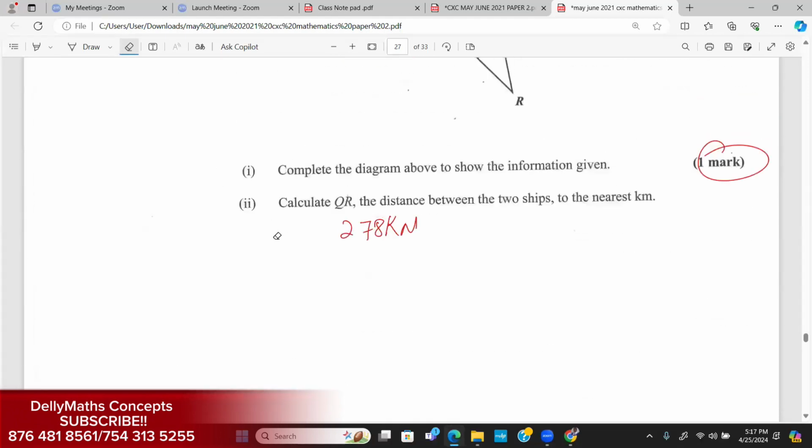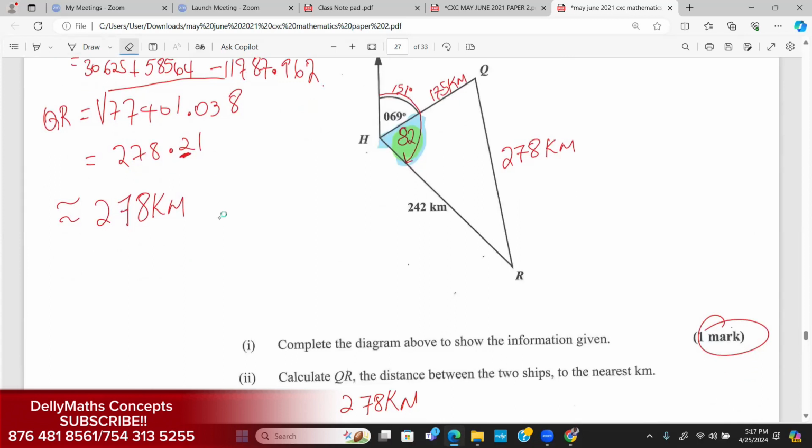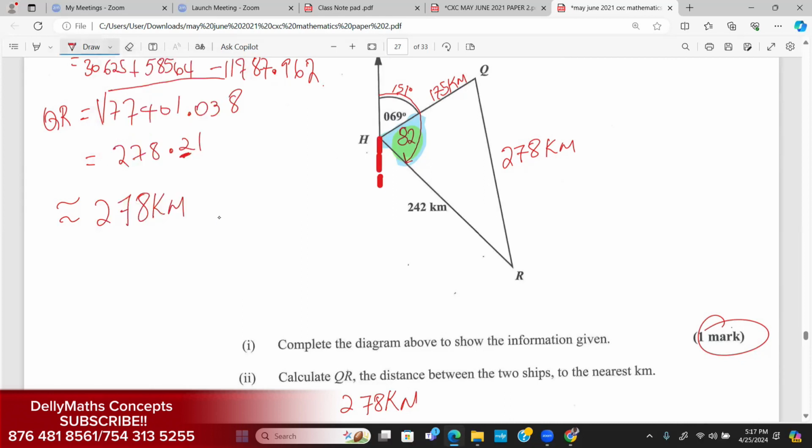How far due east, which means we're going to have to travel from H. Let me get a bigger pen. We want to know how far we come this way, such that we're going to line up exactly to connect with R. So that's the idea.